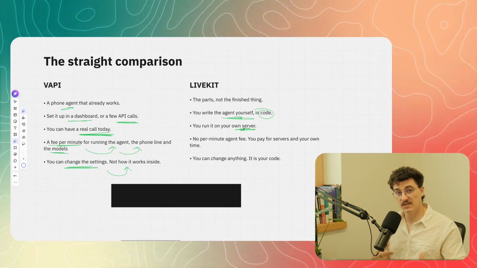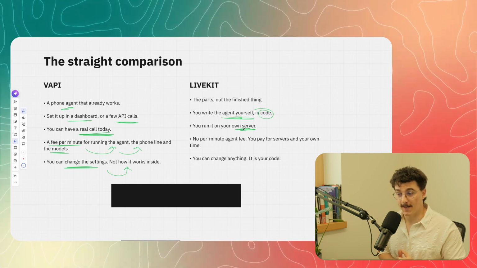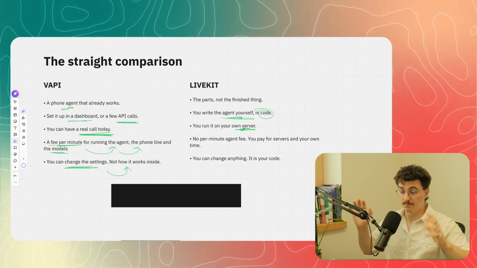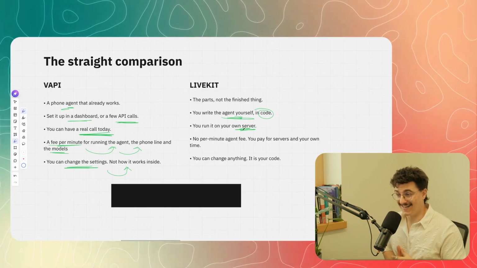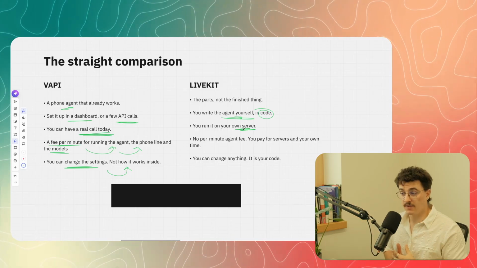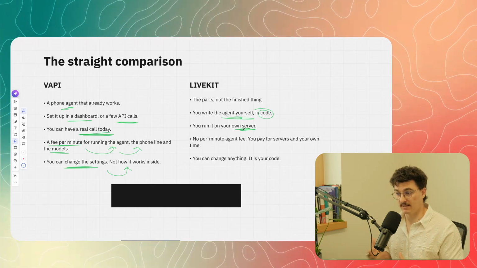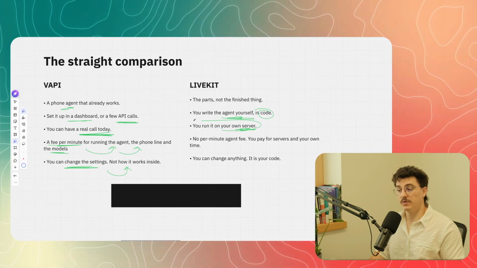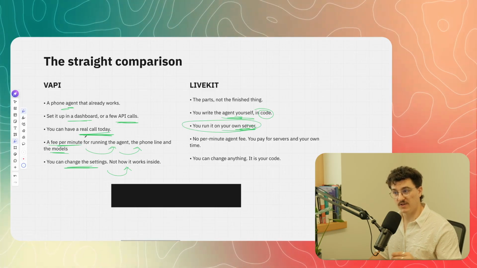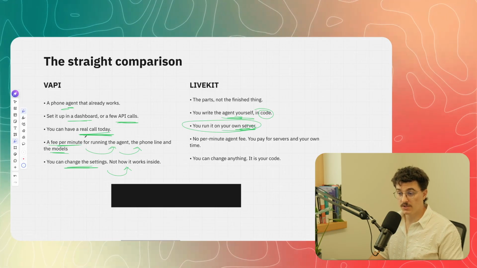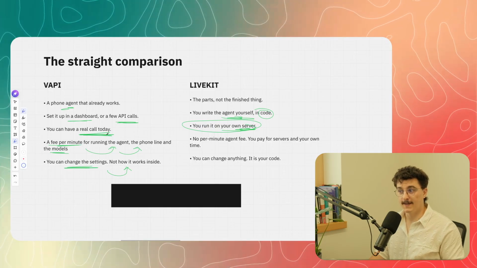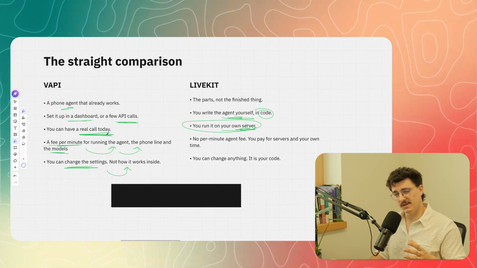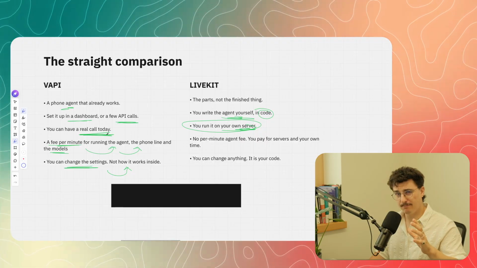You can self-host a LiveKit agent. You don't have to worry about a platform fee that just eats your margin. You can also host it on LiveKit Cloud, which just gives you more flexibility. And the beautiful thing here is that you can run LiveKit on a server which is near yourself. So for example, on Vapi, GDPR compliance is a bit of a difficult thing.